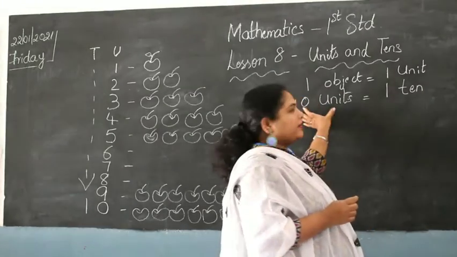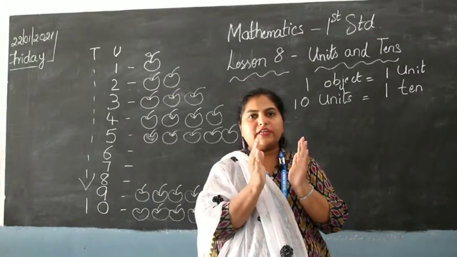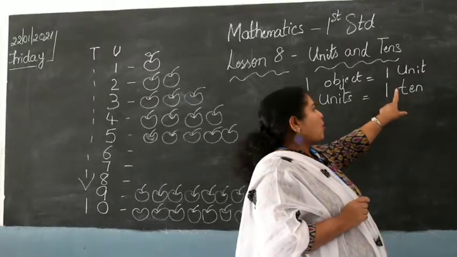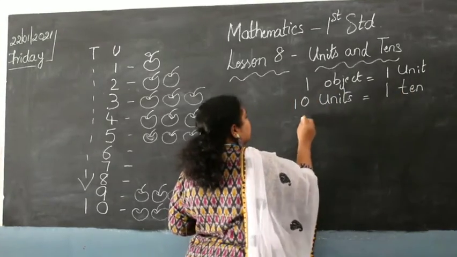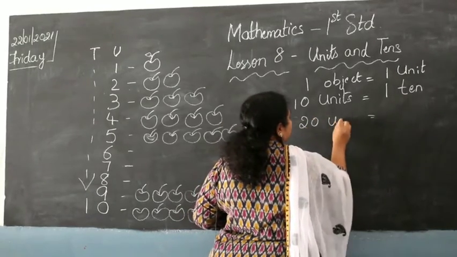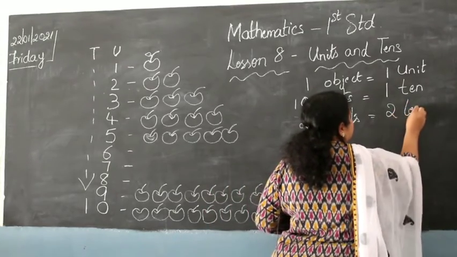When it comes to 10, then it becomes a group, 1 ten, one group of 10 objects, right? So 10 units together becomes 1 ten. So what happens if there are 2 tens? If it is 20 units, then it becomes 2 tens.